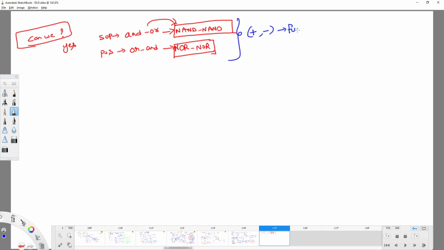What is the meaning of functionally complete? I can derive any kind of Boolean expression. If I have the terms OR and NOT, I can derive any kind of expression. Then I can call these two functionally complete. Guys, in SQL or relational algebra, you come across the terminology called set complete operators.